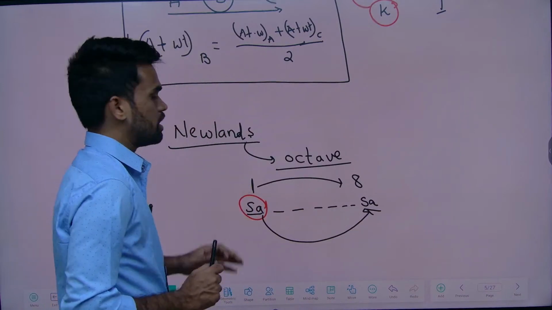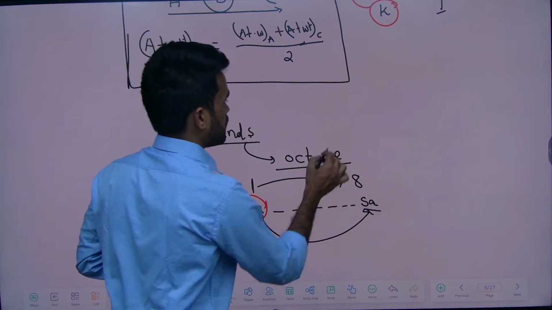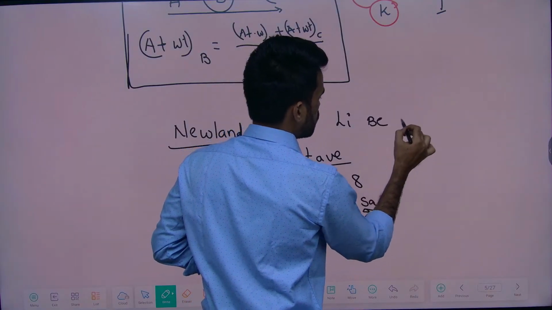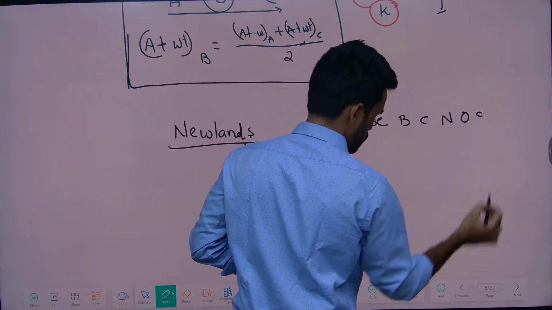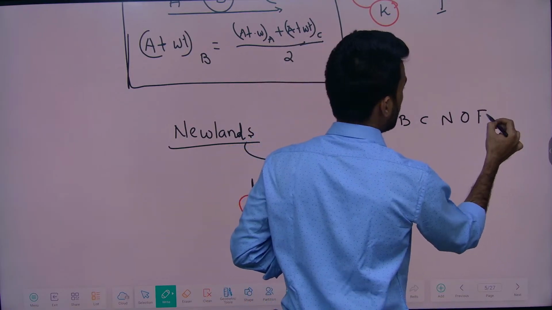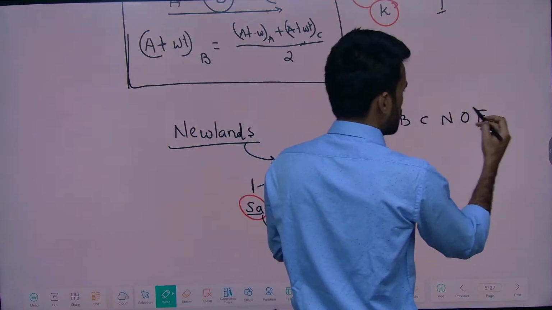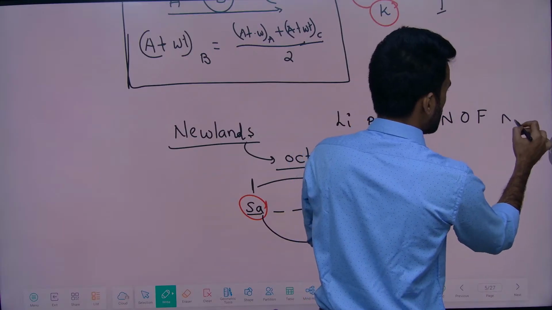In the same way, he arranged the elements known at that time: lithium, beryllium, boron, carbon, nitrogen, oxygen, fluorine. Noble gases were not known at that time, so after fluorine, instead of neon, we get sodium.